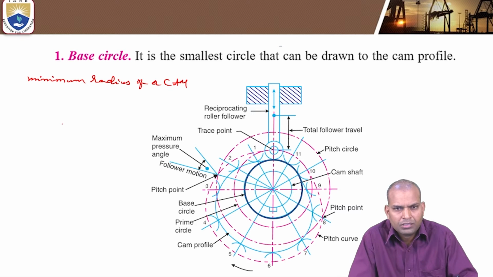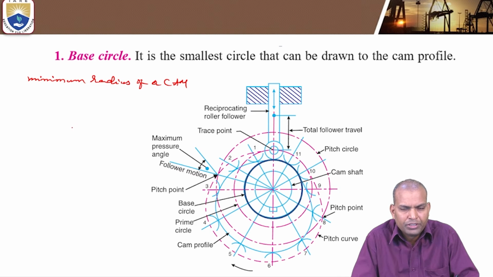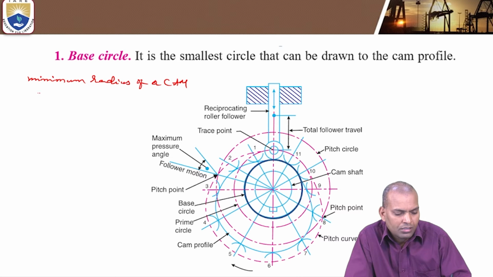When the cam rotates one revolution, it makes 360 degrees.